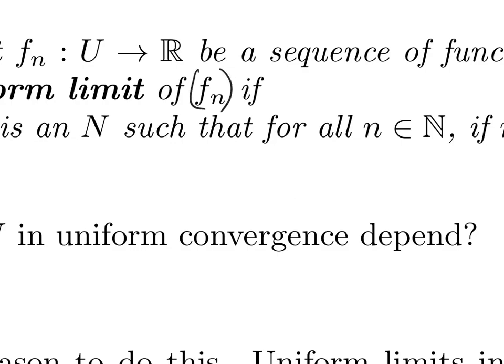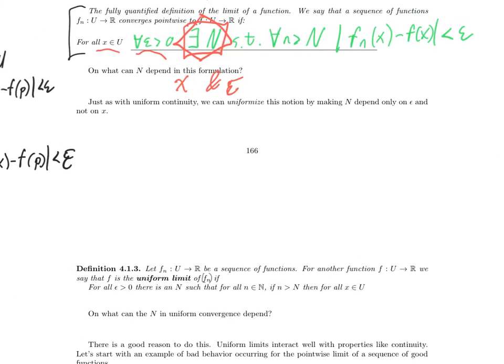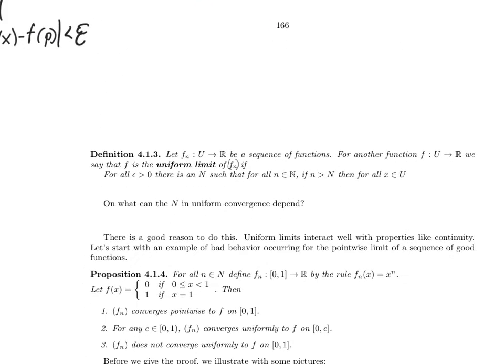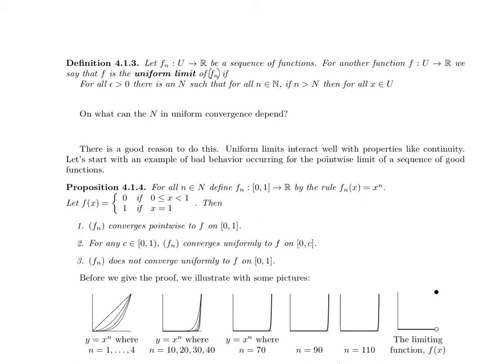And I'm going to try to do my best today especially to be specific, indicating that a sequence of functions is actually a sequence by putting parentheses around it. If for all epsilon bigger than 0 there exists a big N such that for all little n bigger than big N, then for all x in U, the absolute value of f sub n of x minus f of x is less than epsilon.